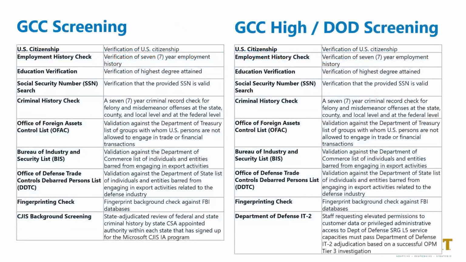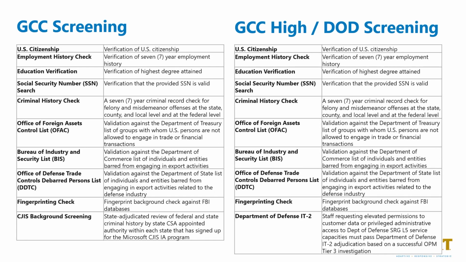So what I want to talk about real quickly is the difference in screening for personnel between GCC and GCC High. GCC and GCC High have all of the same classifications here between citizenship and fingerprint check. However, their background checks are different. GCC has a criminal justice information systems background screening, which is state-educated review of criminal history.